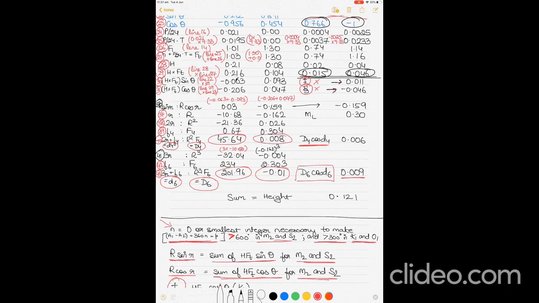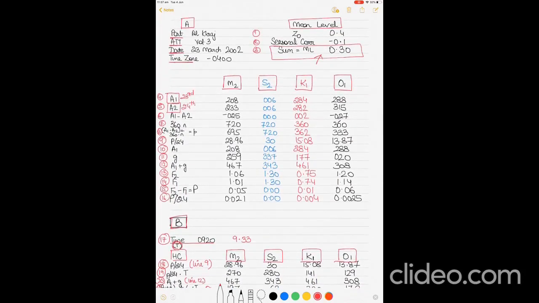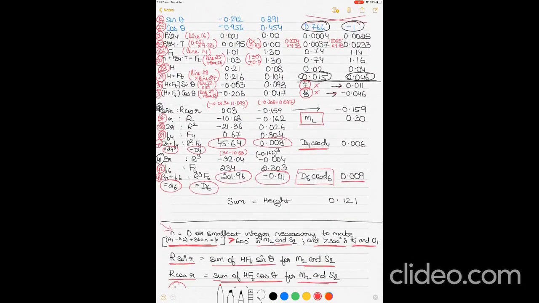Alright, so the small d4 is 45.64 and the capital D4 is 0.008. Then you also write down the mean level, which is 0.30 from above. Remember here in part A, we calculated the mean level, that's the value we'll write down here again.